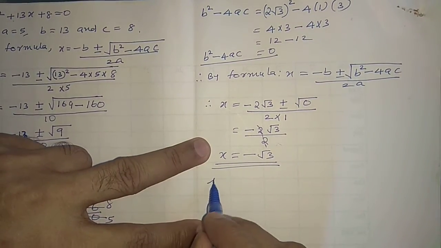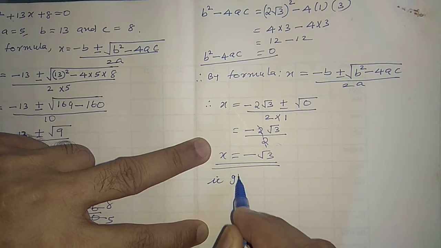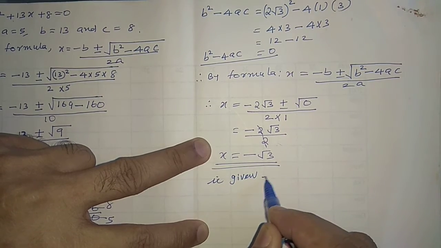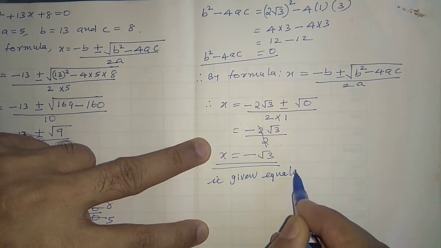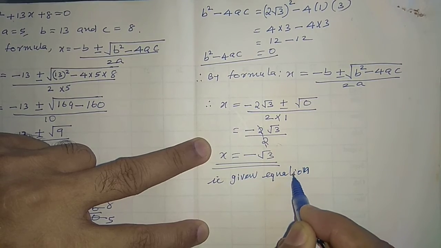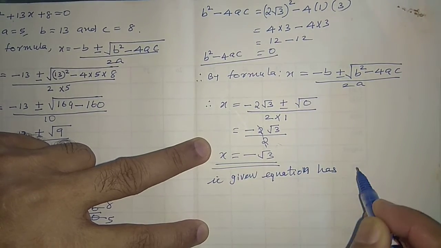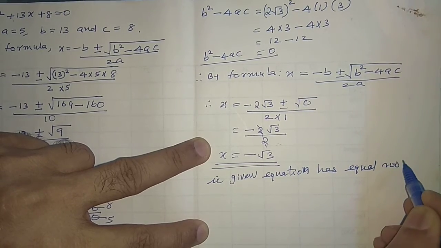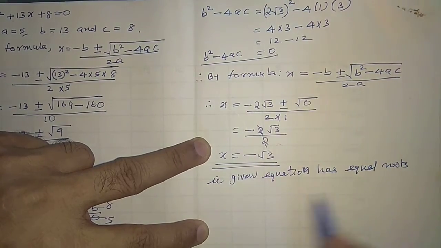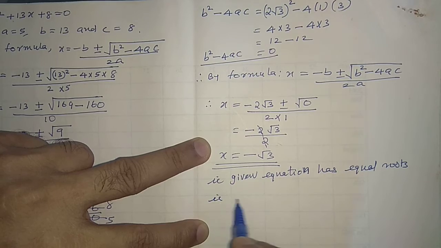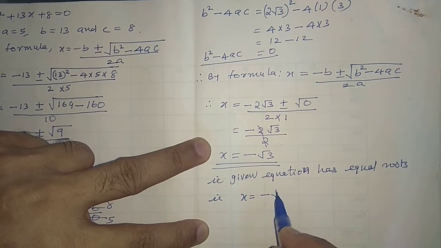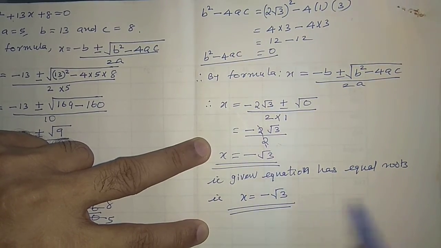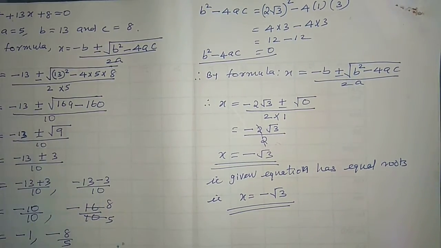That is, the given equation has equal roots. The value of x is minus root 3 and minus root 3 more; the second time we are not writing.